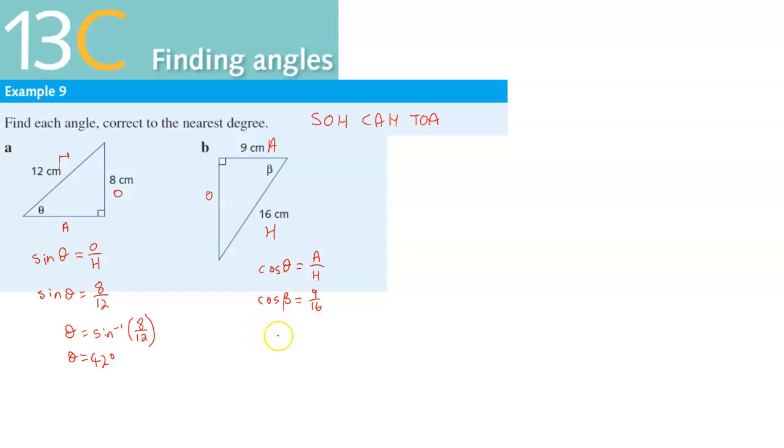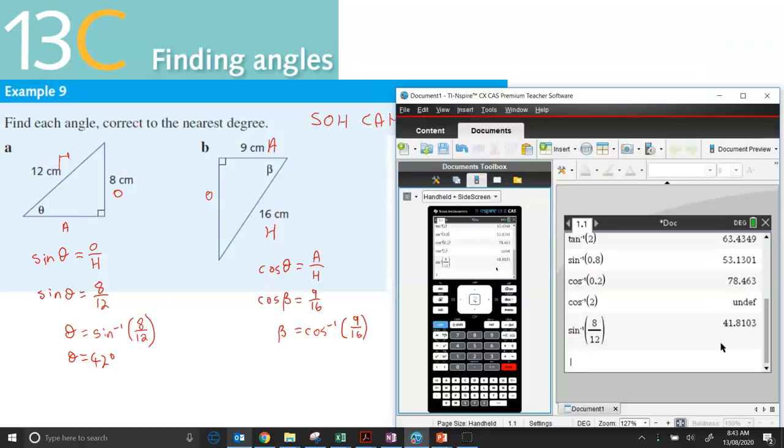Then I inverse cos both sides. And then I put that into my calculator. Trig menu, inverse cos, 9 divided by 16, close the brackets, press enter. So that's 56 to the nearest degree.